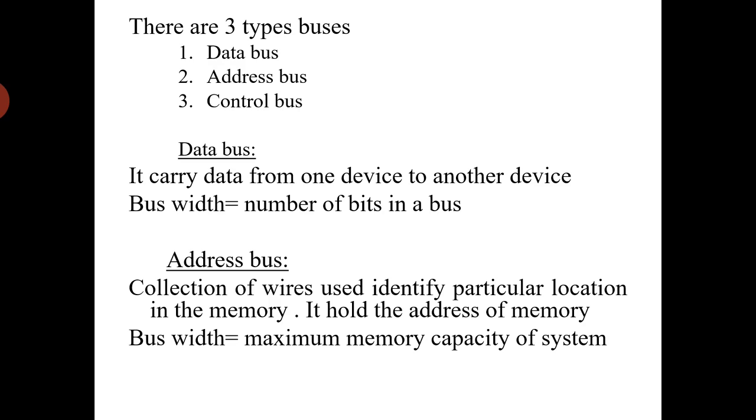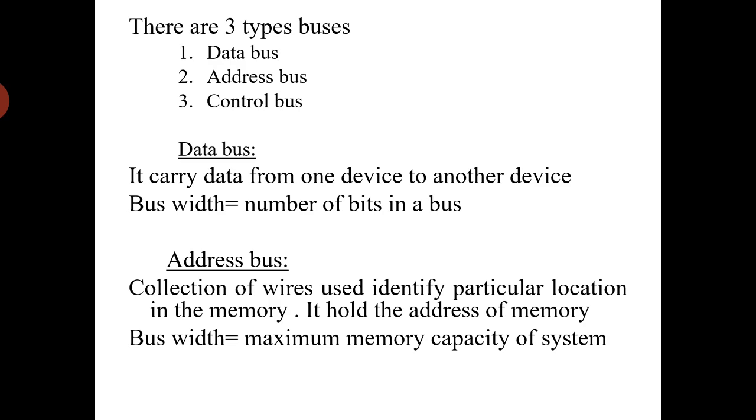If we are transferring 10 bits, its bus width is 10. If we are transferring 20 bits, its bus width is 20. So for the data bus, the bus width is the number of bits in a bus.